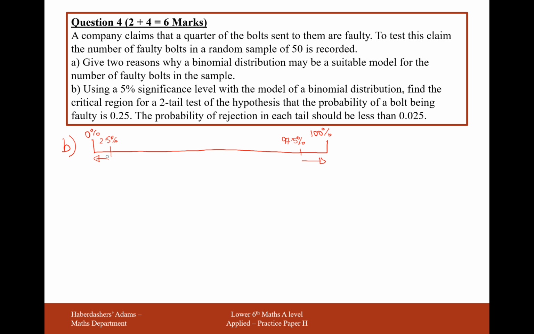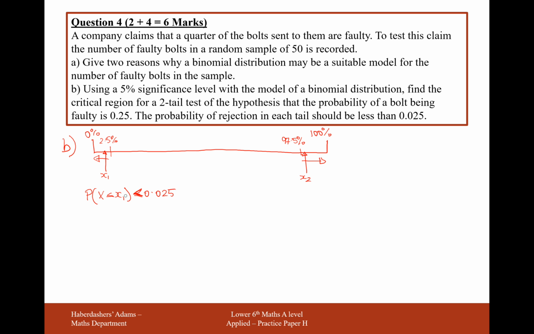Okay, so what we want here is to find the exact number at which the probability of, let's call this x1 here and this x2 here. For x1, this is the number of bolts that will give us a probability up to this amount that's less than 2.5%. So in this case here, the probability up to this value of x1 is strictly less than 0.025.